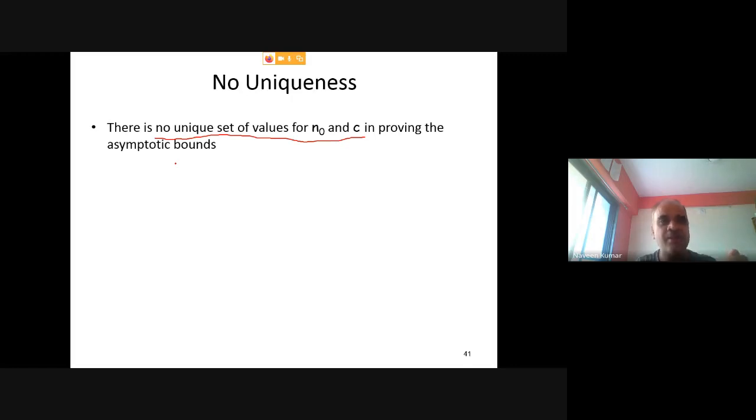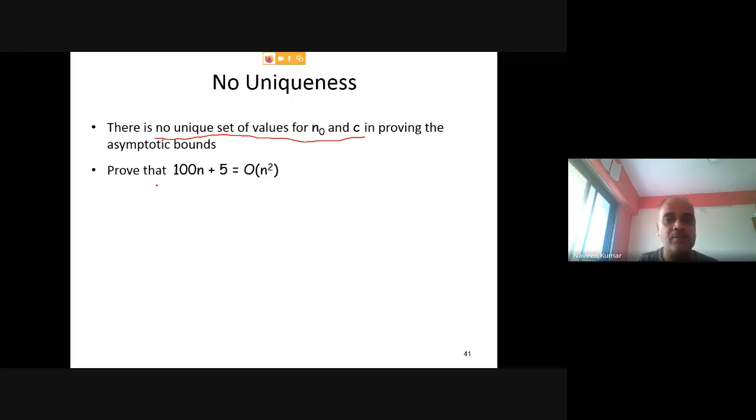If you change c, maybe you need to change n0. If you change n0, maybe you need to change c, but you may come up with a different pair. So every student may come up with a different pair. We will try to find a suitable pair, with minimum values, but still students can have different pairs of values to prove the same thing. So there is no unique set of n0 and c. Don't be afraid when you give n0 and c, but they must be correct.